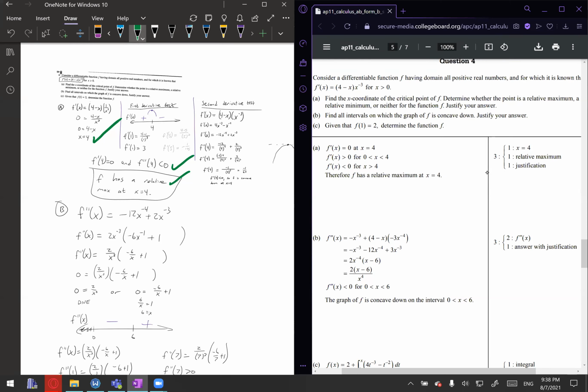I didn't quite break it up the same way that they did, but we do still match. And I've got the concavity interval here. So that's still fine.